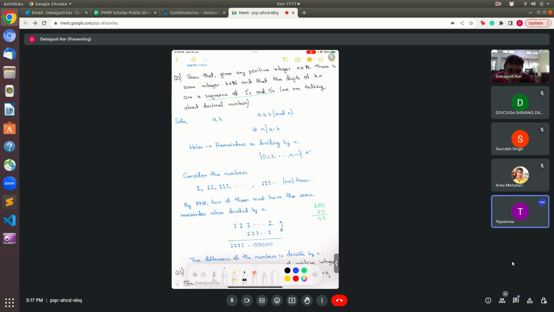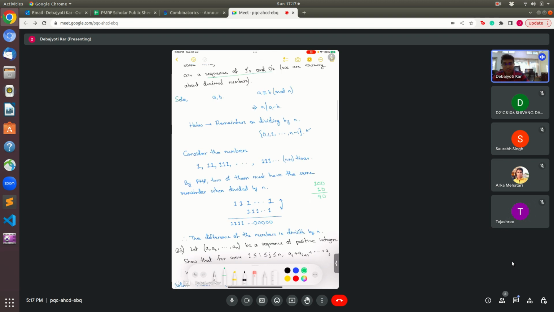Both should be there in the sequence, right? No, no, our final number is the difference of these two numbers. These numbers we are just considering for the sake of the problem, but our final number is this.